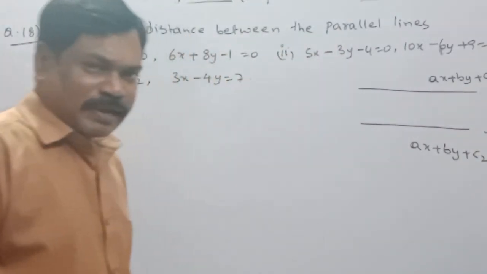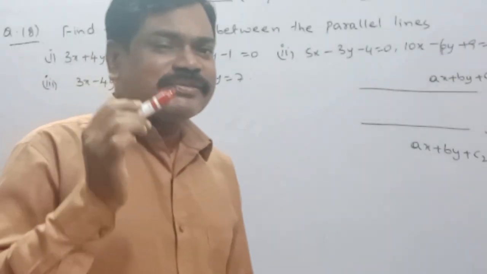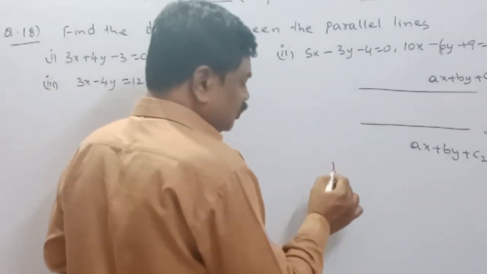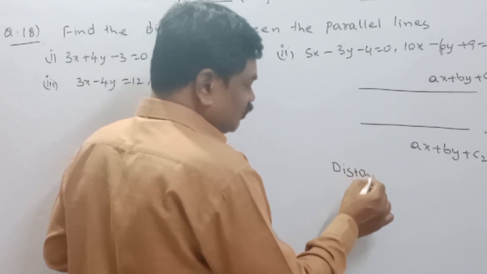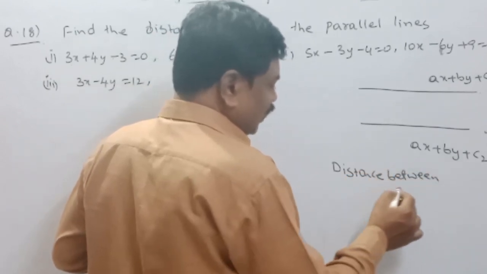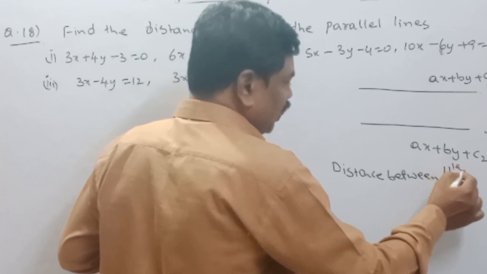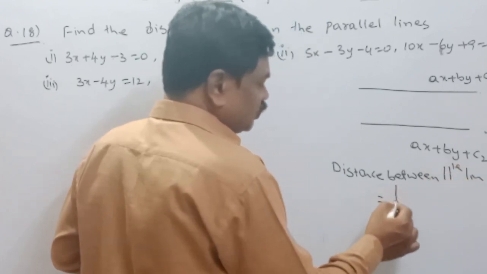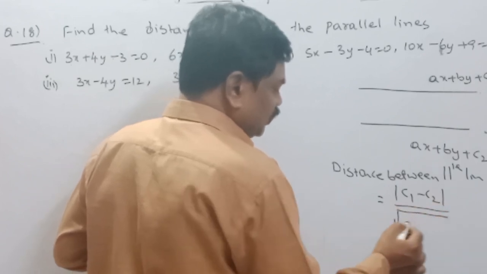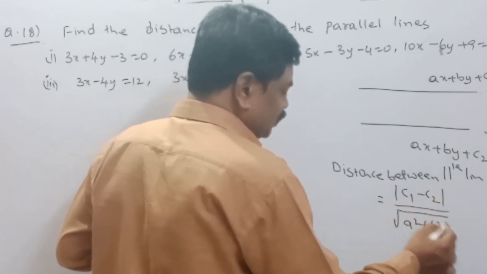If two lines are parallel, we have to find the distance between them. The distance between two parallel lines is equal to modulus of c1 minus c2 by root over a square plus b square.